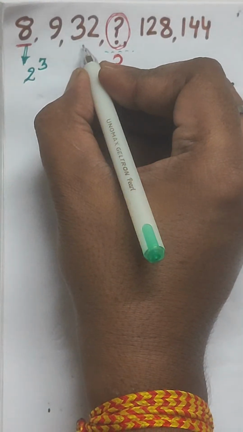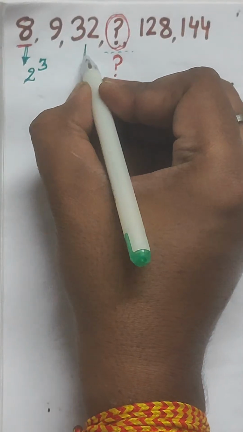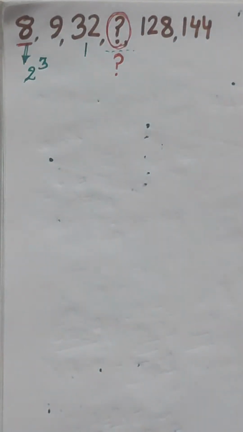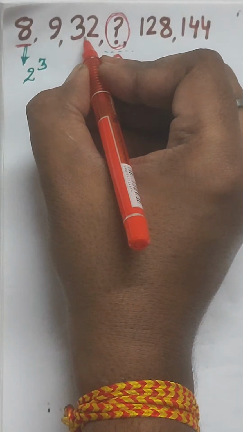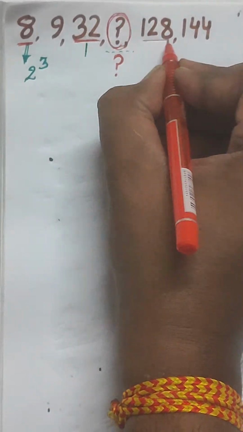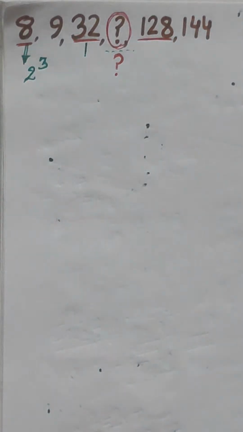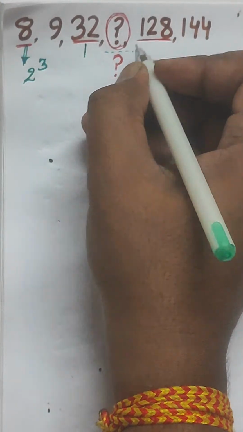Here also you can see this: if you follow the first, third, fifth, all the odd positions, let us see what sequence is followed. For all the odd positions you can see 8, 32, 128.